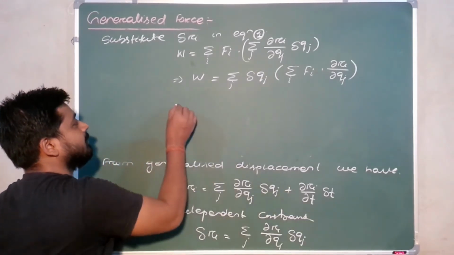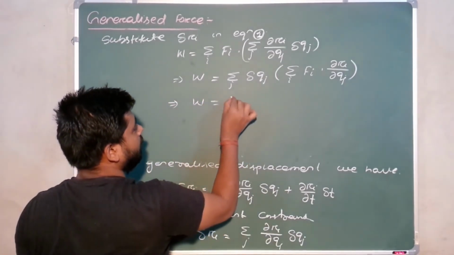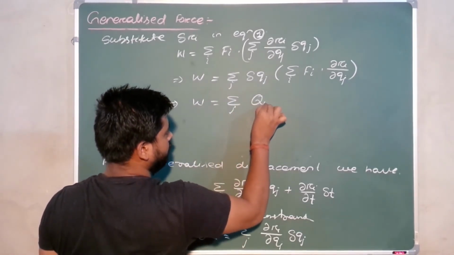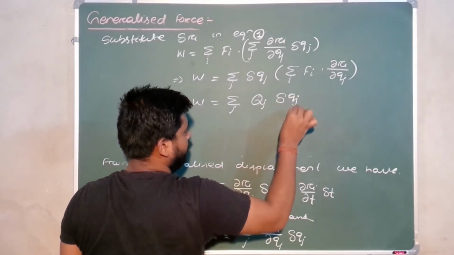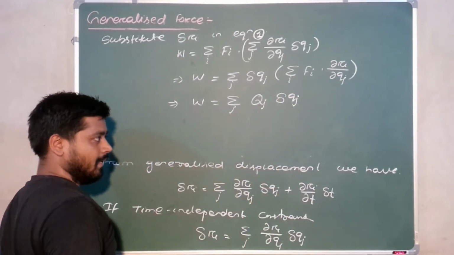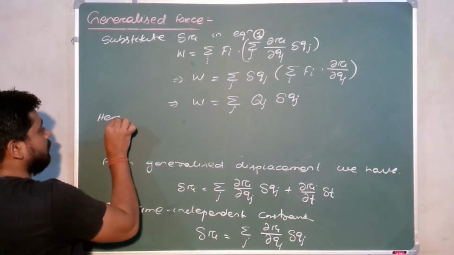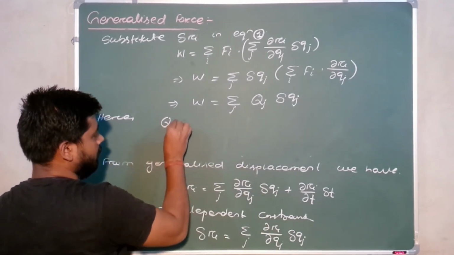Then equals sum over j Qj delta Qj. Here we write an extra term Qj, yes or no? What is that Qj?